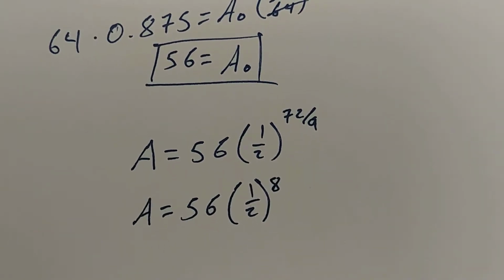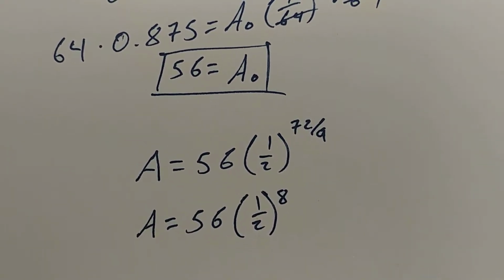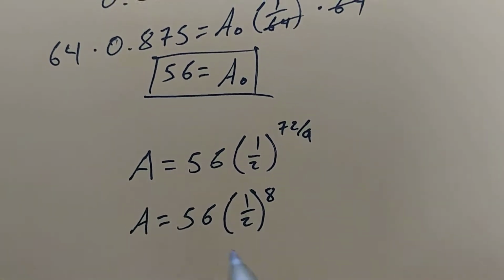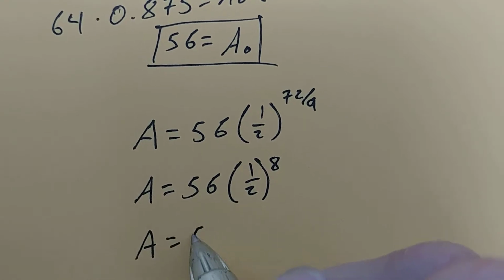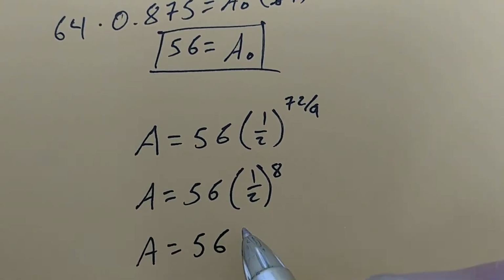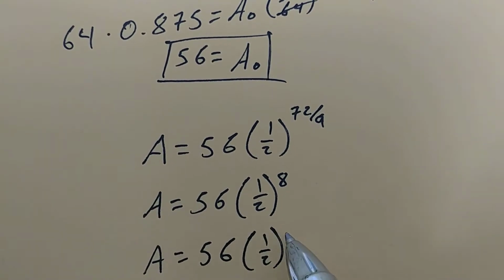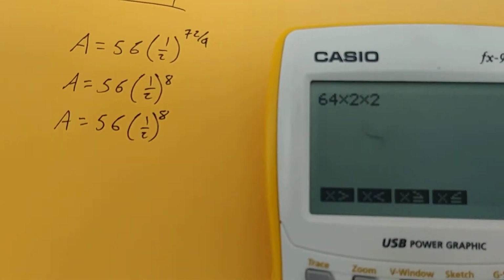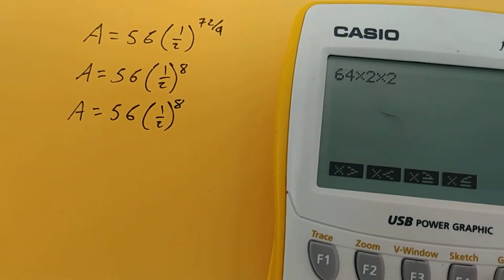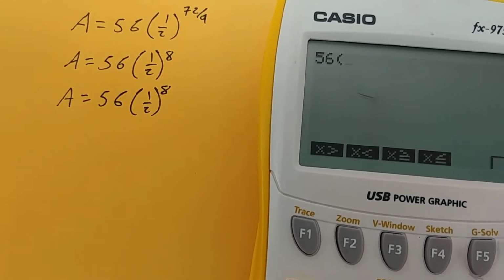And let's type this in the calculator just so you know kind of how to do it. So this can be typed as 56, open parentheses, 1/2.